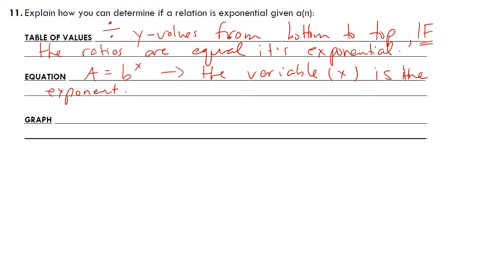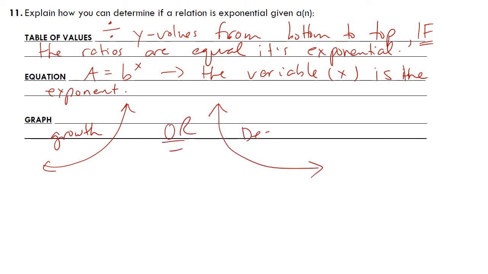For a graph, it could be something that looks like that, which we know is growth, or it could be something that looks like that, which we know is decay. And that's all you have to say. So again, to summarize, table of values, ratios are equal, equation, the variable is the exponent, graph, it has to look like one of those two graphs. One's growth, one is decay.